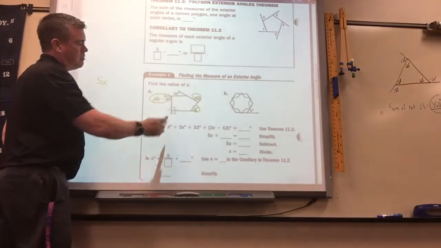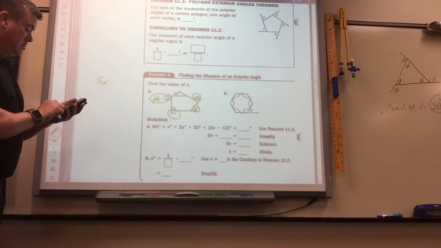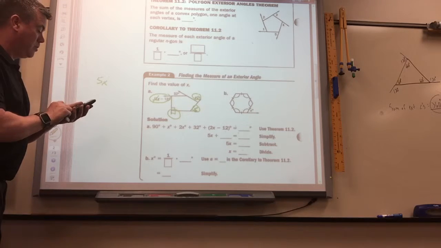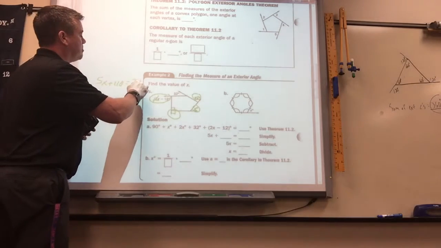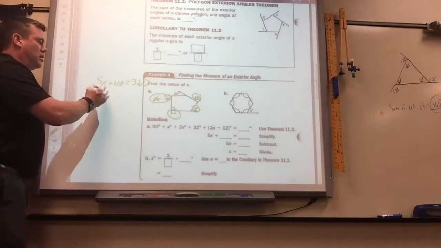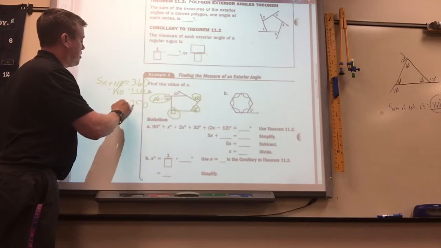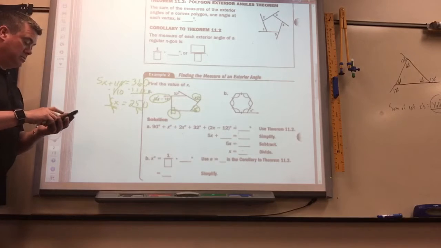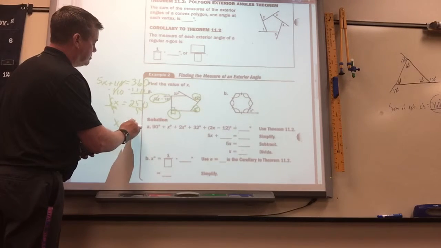And then a negative 12 and a positive 32, and then don't forget that 90. That is 110. Has to add up to 360 degrees. So we just solve for x, subtract 110, and then divide by 5. And x is 50.